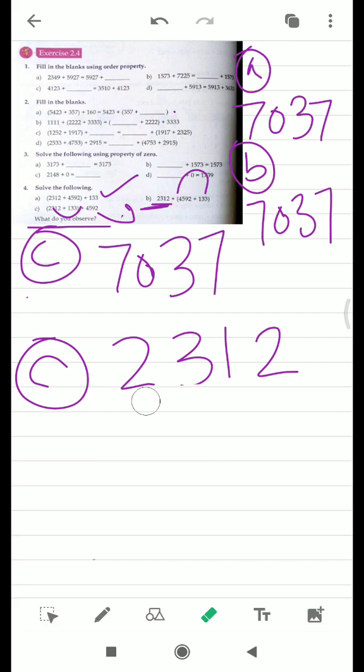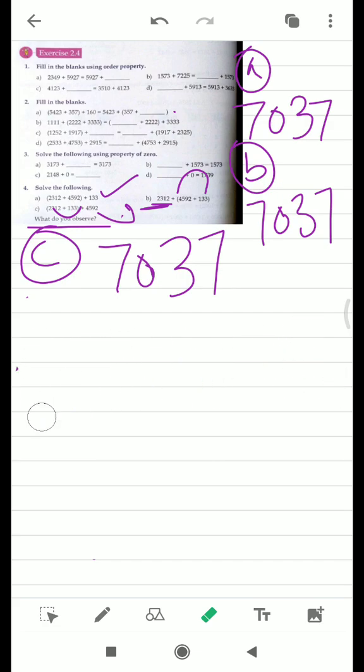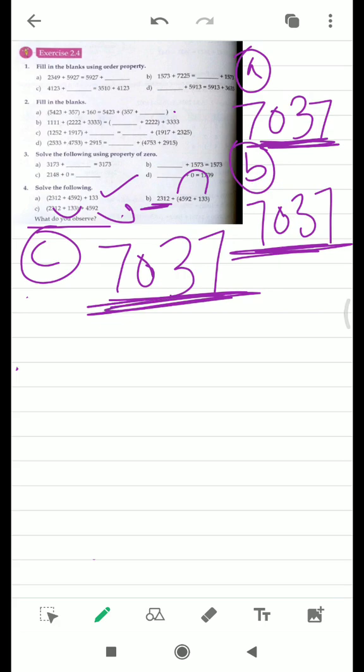Tell me. We can clearly see that the sum in all the three cases has come out to be 7037. In all the three cases, we got the same sum. The answer has come out to be the same. What does this mean?